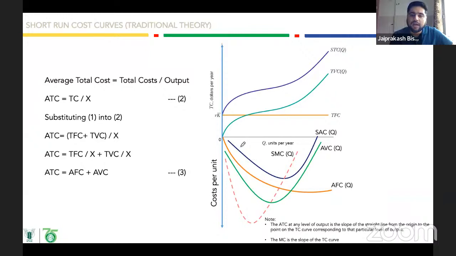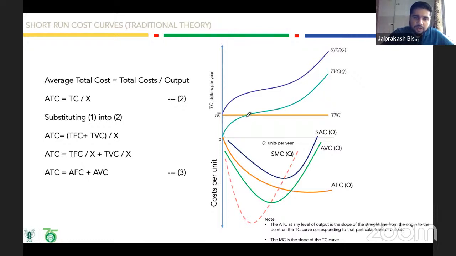Similarly, your average variable cost and marginal cost. Okay. So average variable cost, if I have, yeah, this is your total variable cost curve.